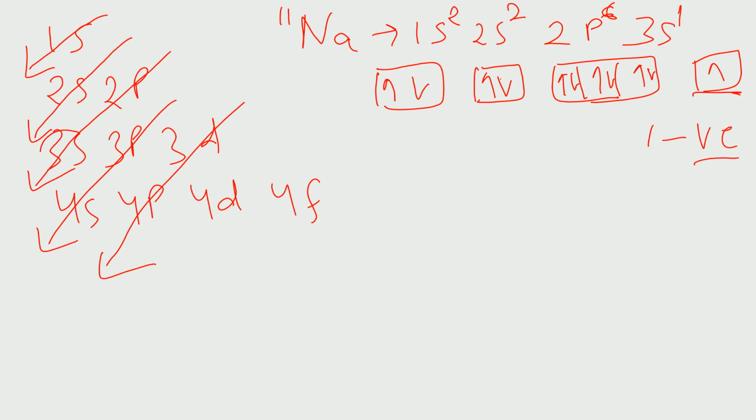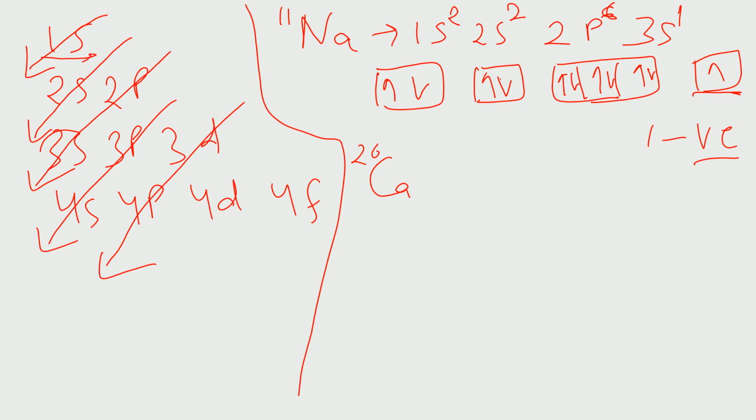Now let's take another example of how to write the electronic configuration. Let's write the electronic configuration for calcium. Calcium has 20 electrons. So electrons first accommodate the lower energy level.